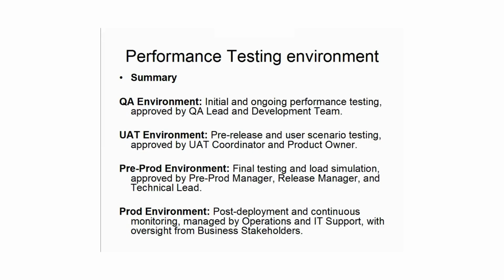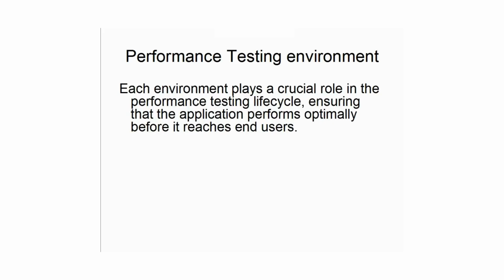Production environment: post-deployment and continuous monitoring, managed by operations and IT support with oversight from business stakeholders. Performance testing environment is very important. Each environment plays a crucial role in the performance testing lifecycle, ensuring that the application performs optimally before it reaches end users.